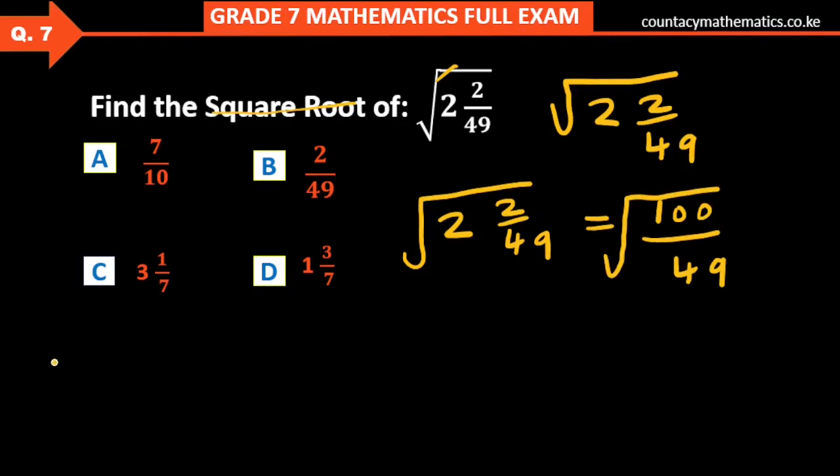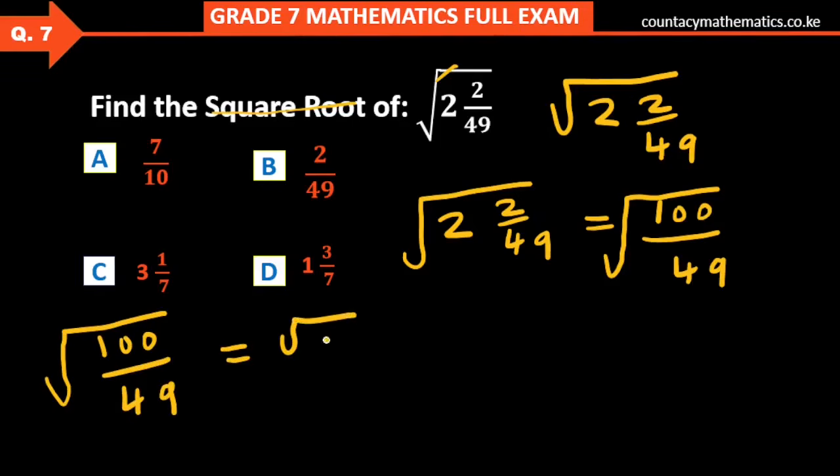Now we know that when we've got a square root of a number like 100 over 49, we find the square root of each number as it is. So we find the square root of 100, and also the square root of 49. It is quite easy to tell the square root of 100, because we see that we have 2 zeros.